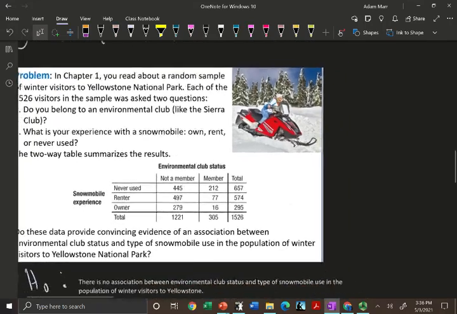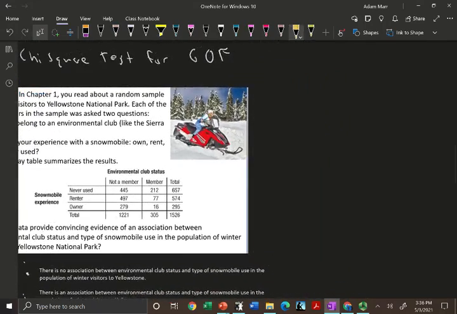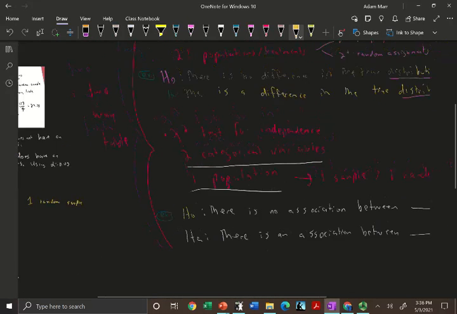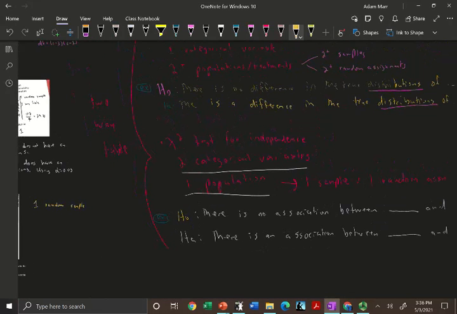So this right here, we have one random sample. So that narrows it down to, remember, goodness of fit or independence. But the reason this is not goodness of fit is, well, there's a couple reasons. One, this is a two-way table, so we know that this is independence. Also, remember what I said about independence: it's 2 categorical variables that we're comparing with one population.